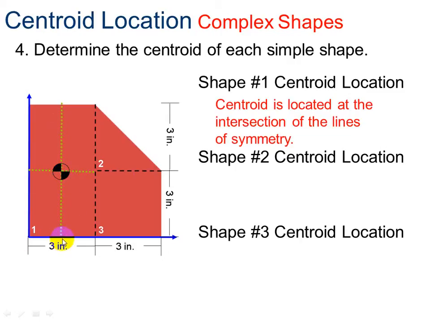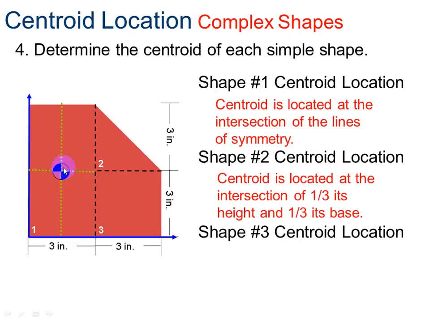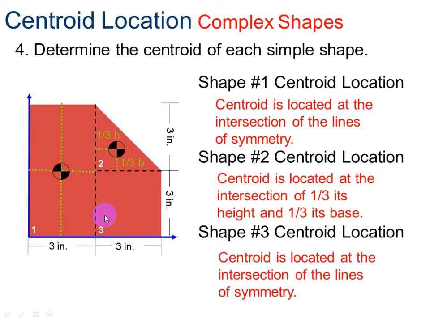So that's going to be at 1.5 and 3. For the triangle, we're going to do 1/3 of the base and 1/3 of the height. And then our location for the square in shape number 3 is going to be half of the base and half of the height again.